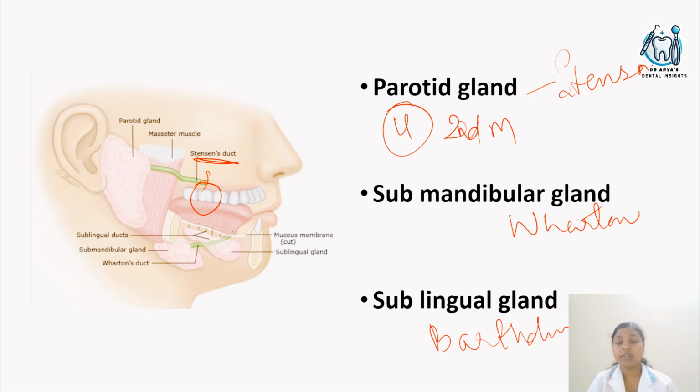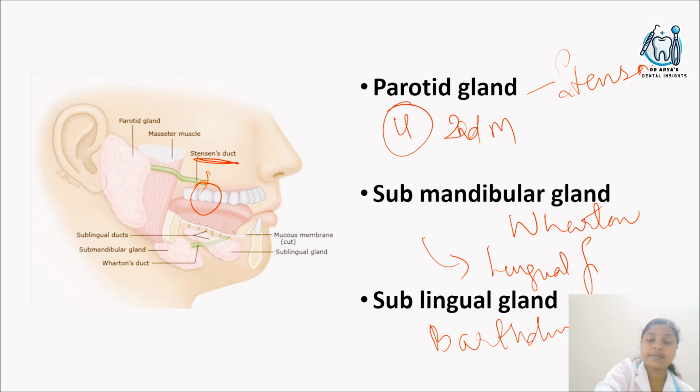Then Wharton's duct is for the submandibular gland. Where does it open? It opens at the side of the lingual frenum, or the caruncula sublingualis. Then the sublingual gland, that is Bartholin's duct, opens near the submandibular duct.